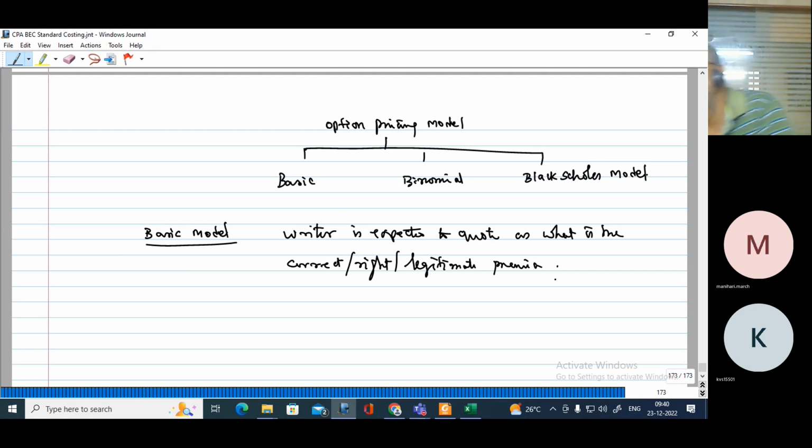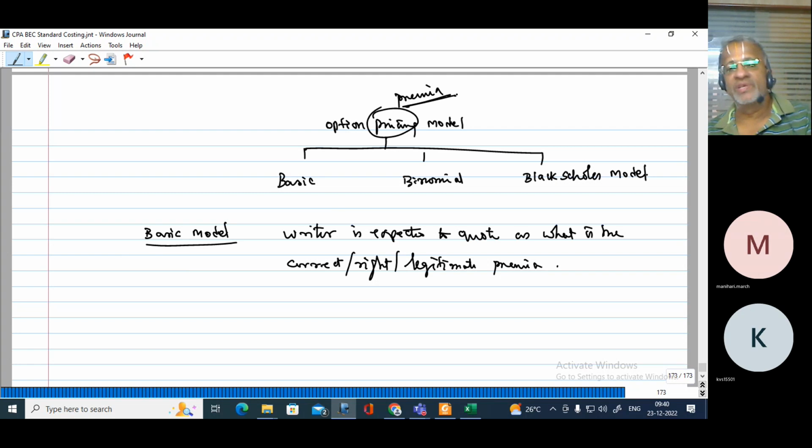See, what is it that we will do in the case of the option pricing model? We will find out the justification as to why the premium should be this much. So it is not arbitrarily fixed. The price of the option is nothing but the premium.